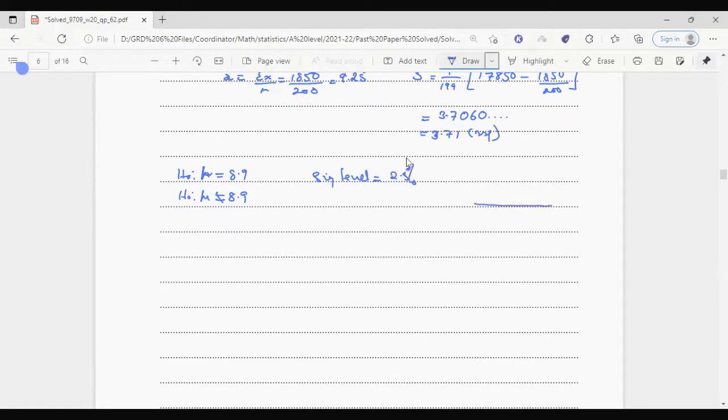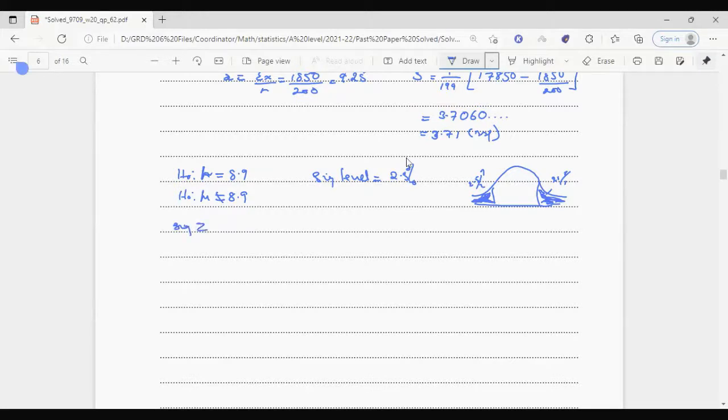So your graph will be looking like this. This is your rejection region, the critical region, and it is being spread over on both sides. So this will be 2.5 by 2%, and this will be 2.5 by 2%, since it can be divided by 2.